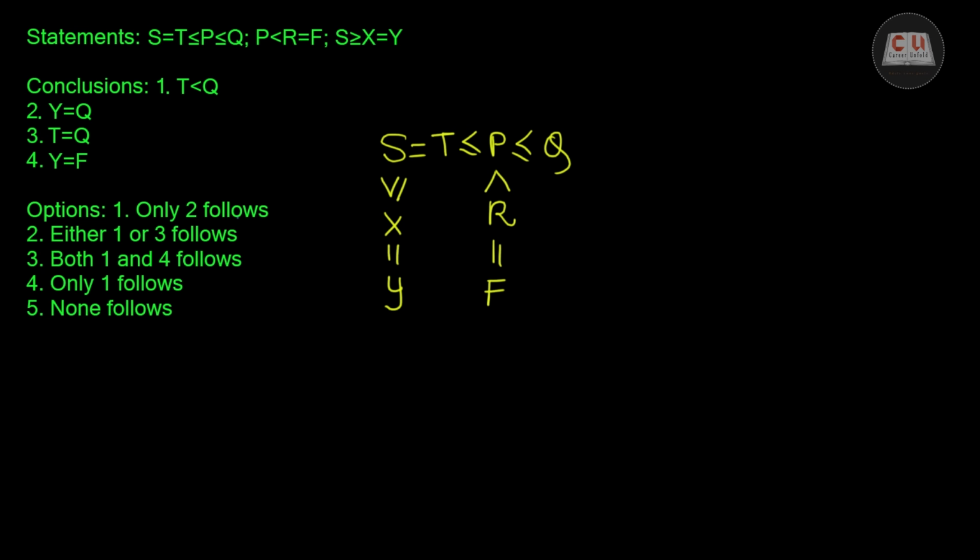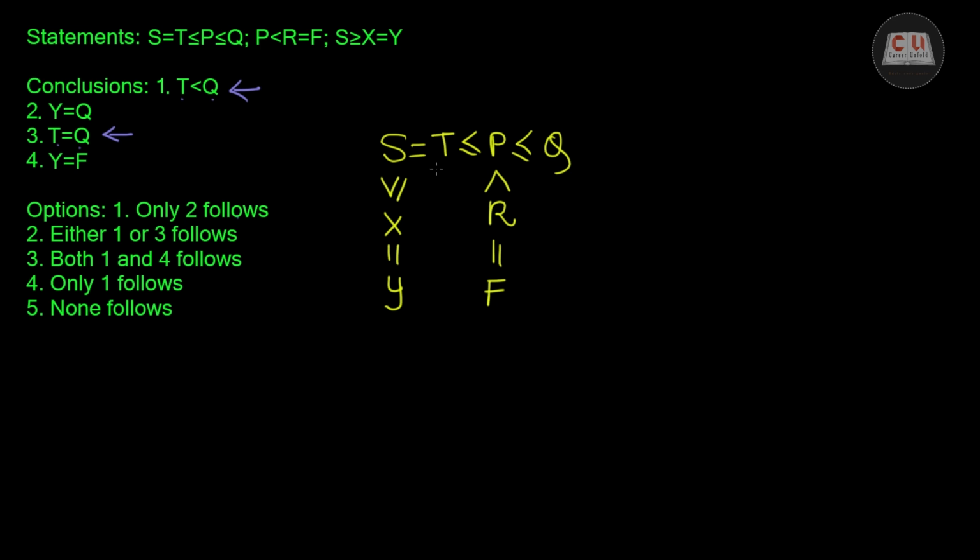Now let's look at the options. Now we notice that there's TQ, TQ in both of these options. So there is a great possibility that either option would follow here. Let's look at that.